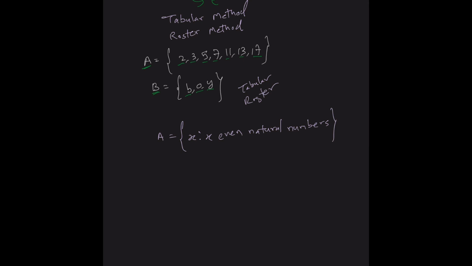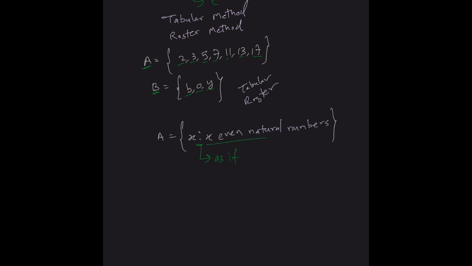So what have we written over here? We've written set A and we've written x and then we used a colon. So what does this colon mean? This colon translates to "such that". So x such that x is an even natural number. So x would mean all the even natural numbers.